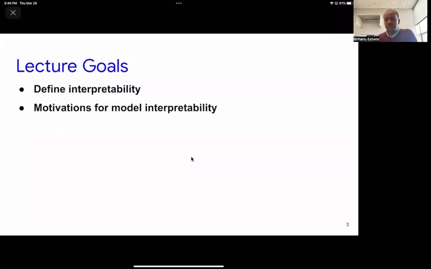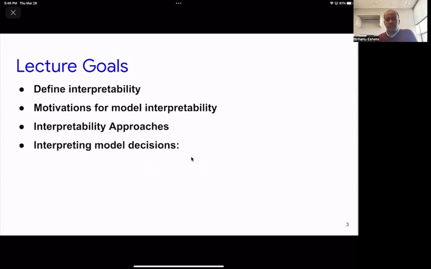Motivations for model interpretability: why do we need interpretability in the first place? Then we'll talk about interpretability approaches. What are the different techniques we will use, or how do we approach interpretability in the first place? And then we'll talk about interpretation of model decisions.